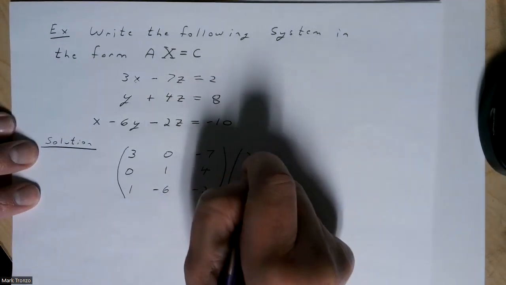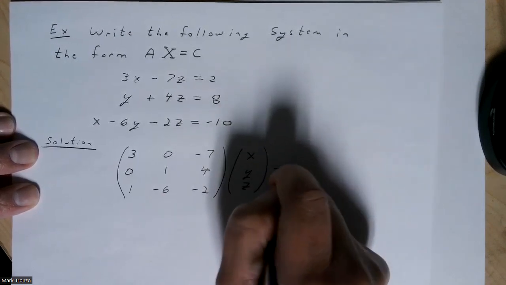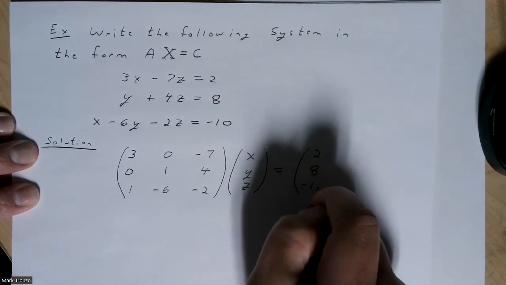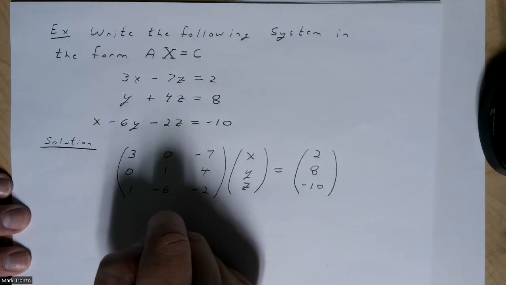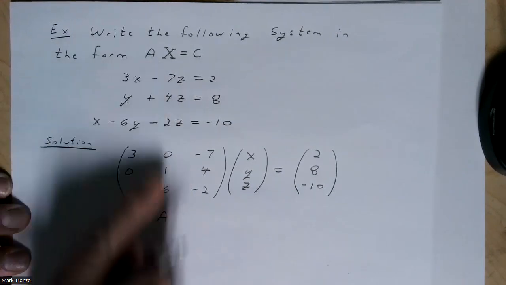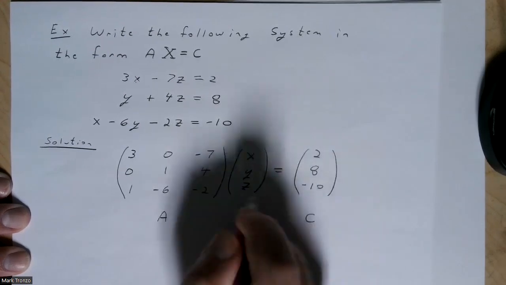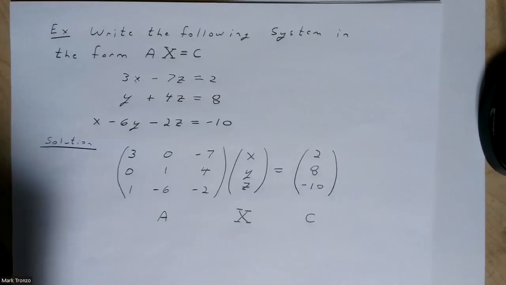Then we have x, y, z equals 2, 8, minus 10, like this. And once again, this is the matrix A, this is the matrix C, and this is the matrix X.